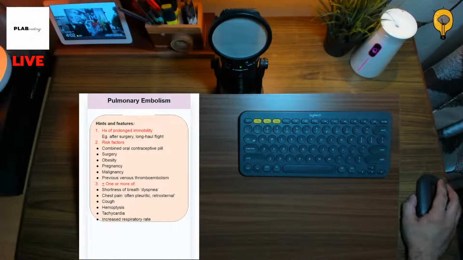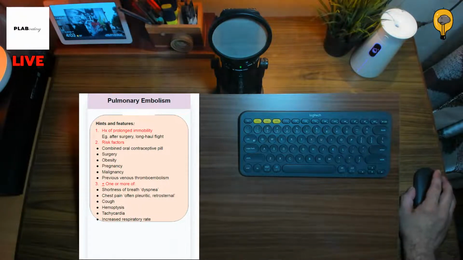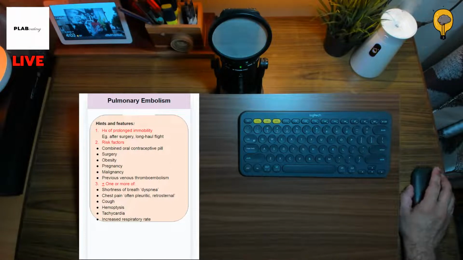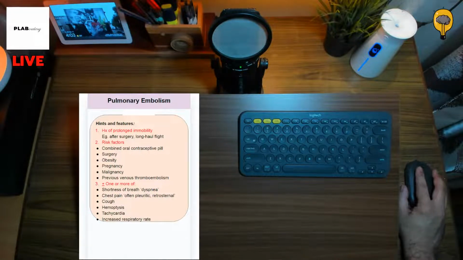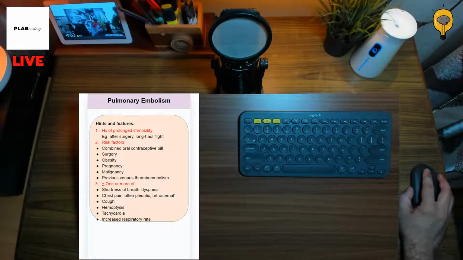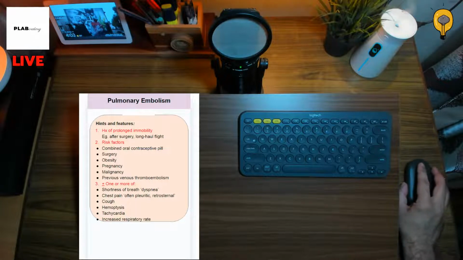Now, when we have to choose a chest x-ray over a CTPA, we choose chest x-ray in a suspected pulmonary embolism if the question is asking for initial investigation as opposed to most appropriate investigation. Most appropriate, we already know, is CTPA, that is CT pulmonary angiogram, but the most initial investigation can be chest x-ray in a suspected case.